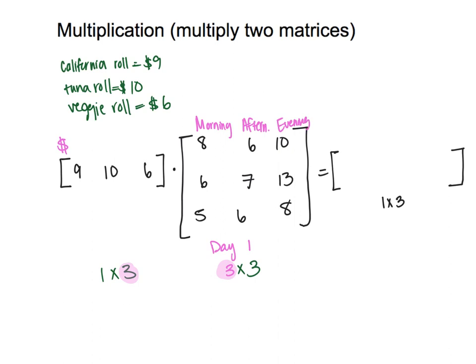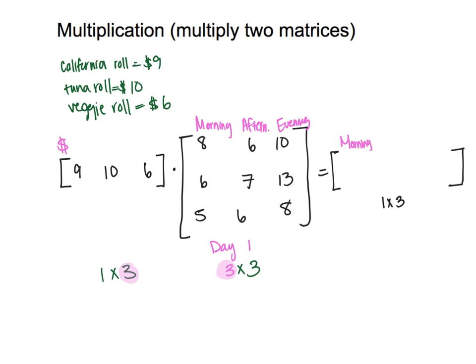So that means when I multiply the corresponding prices with all the mornings, I'm going to get the total amount of money I made in the morning. So my goal is to figure out how much I made in that morning first.